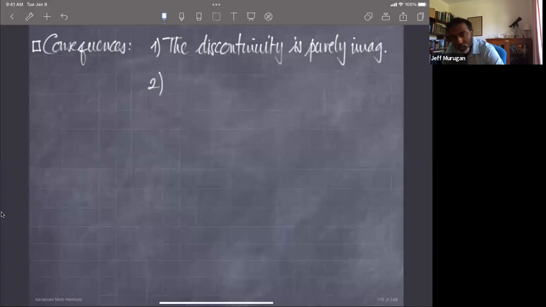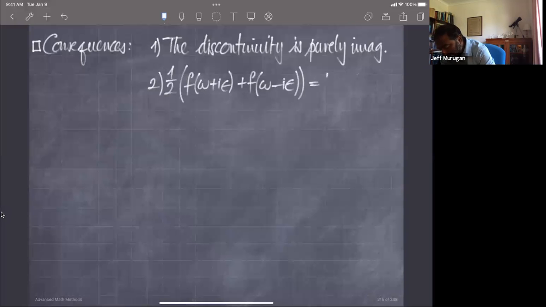And the second thing is that a half of f of omega plus i epsilon plus f of omega minus i epsilon is nothing but the real part of f of omega plus i epsilon.